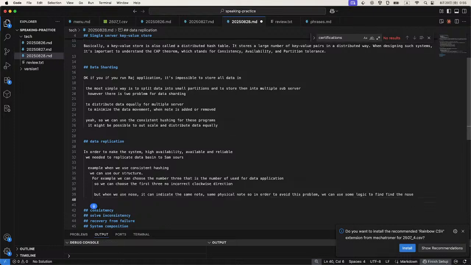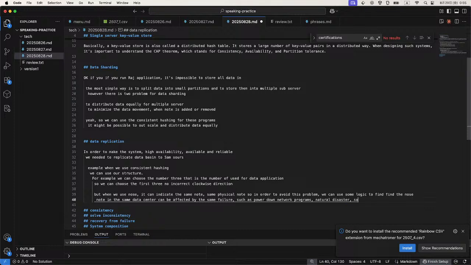Additionally, nodes in the same data center can be affected by the same failure, such as power outage, network problems, or natural disaster.